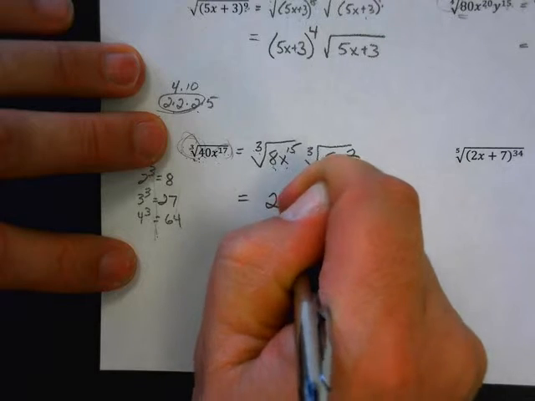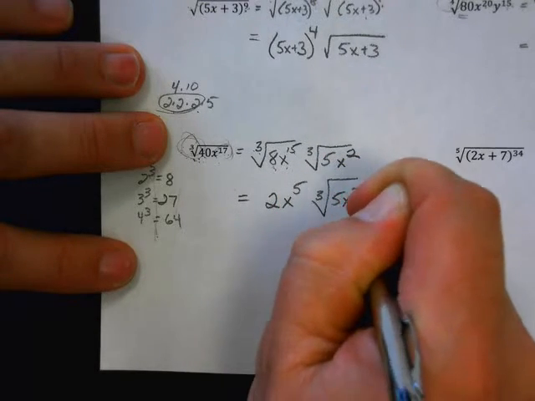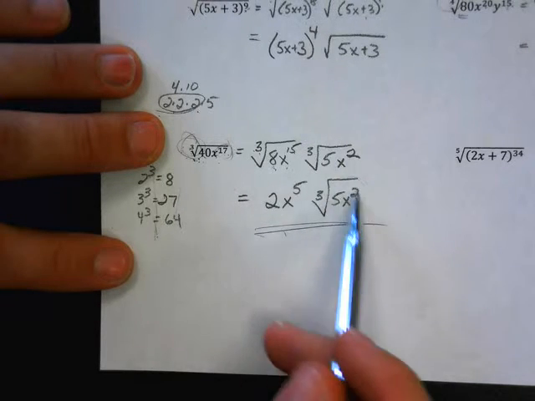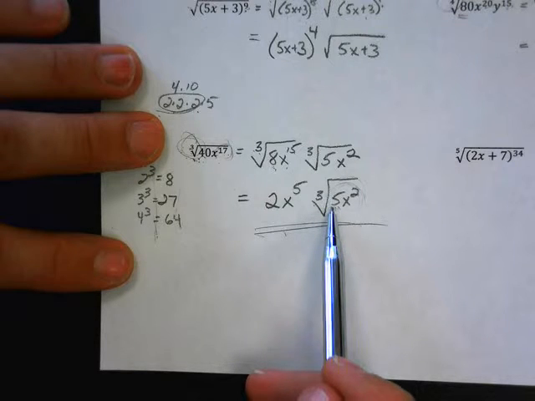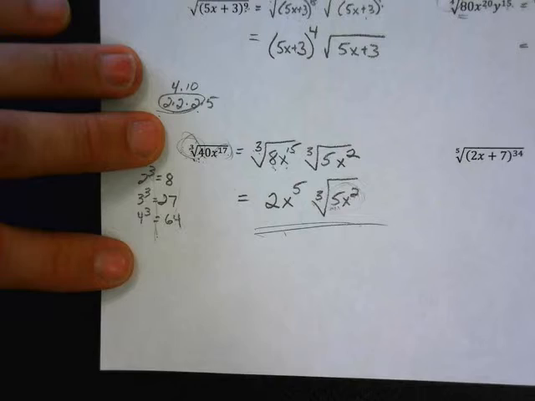X to the 5th. And then we still have 5x squared under the cube root. And we can't simplify it any further. As long as we don't have any more perfect cubes in here, and this is less than that index, we simplified as far as we can go.